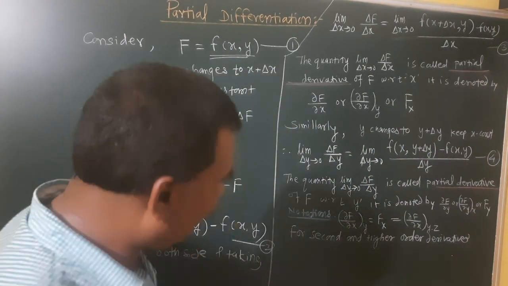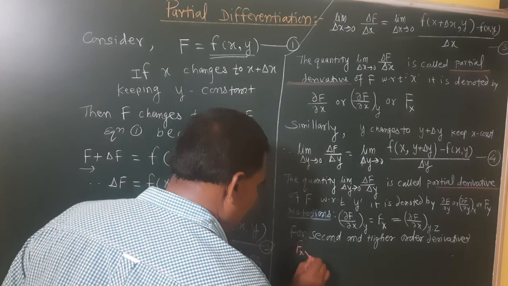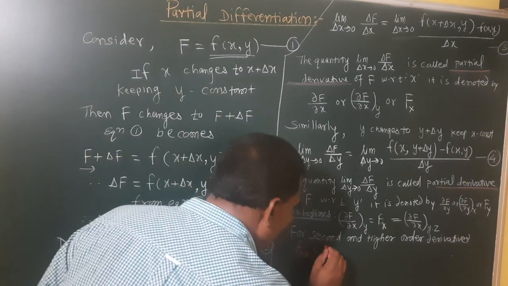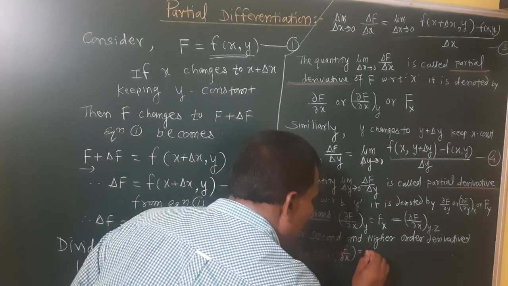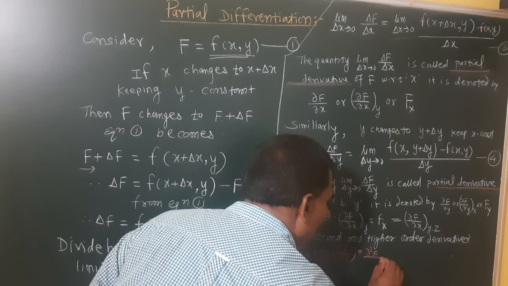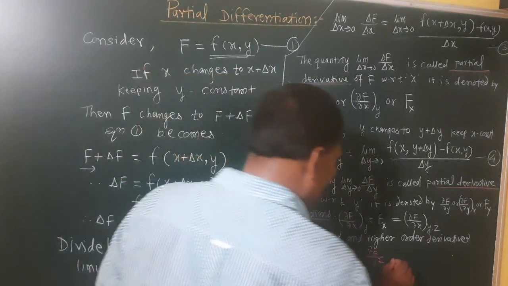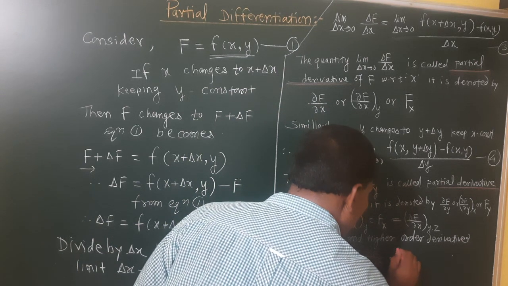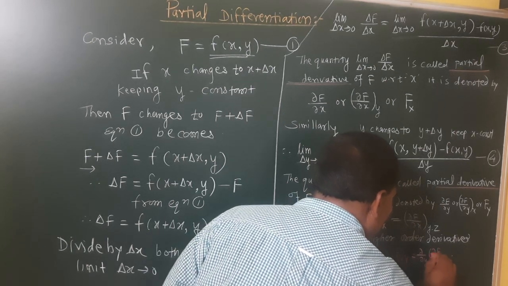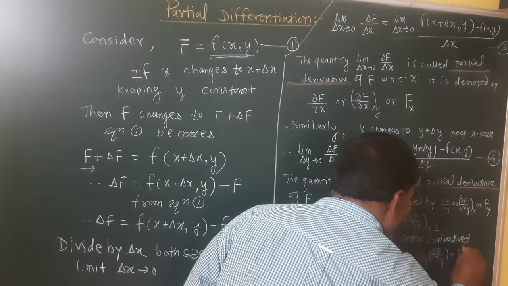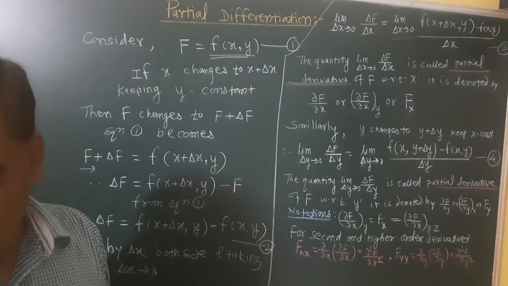First of all, f of xx means dou by dou x into dou f by dou x, and that is also equals to dou square f upon dou x square. This is the first one. Now, f of yy is equals to dou by dou y, dou f by dou y, and that is equals to dou square f upon dou y square. This is the second order differentiation we have to consider here.